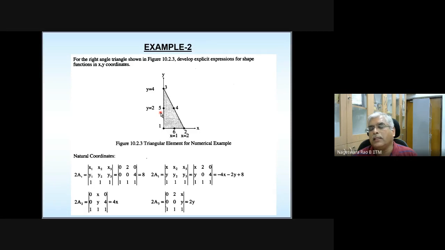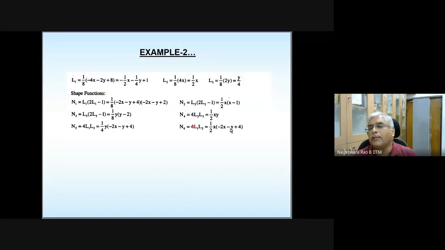Okay? So usually in parent coordinate system, instead of XY, we are going to use S and T. So then in that case, you need to write all these in terms of S and T. And then repeat all this, and you are going to get shape function expressions in S and T.